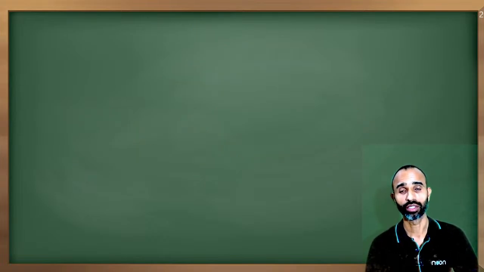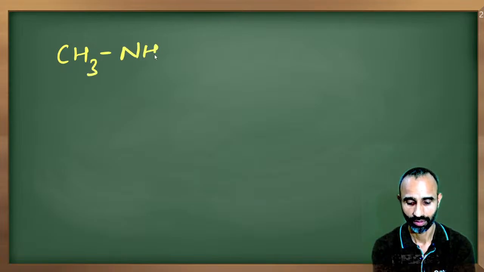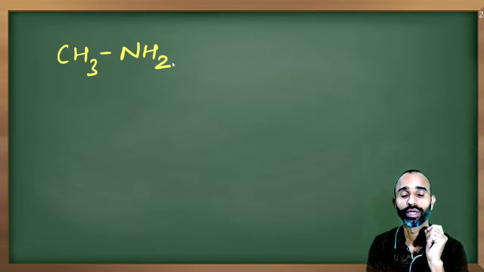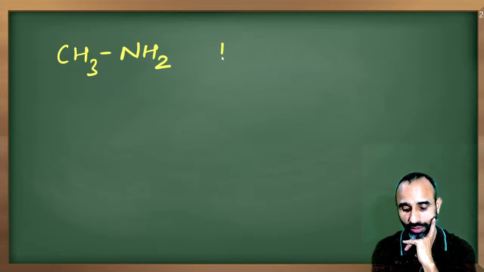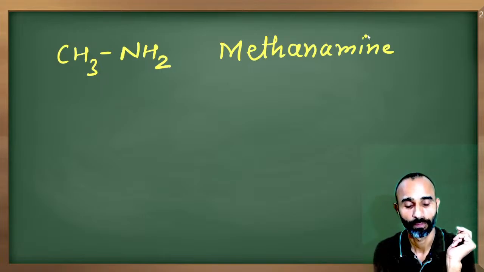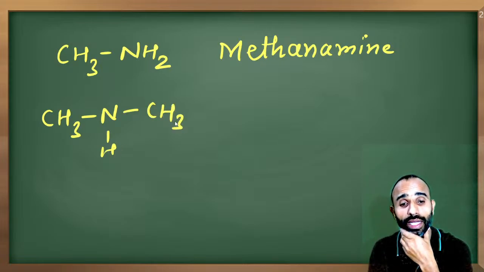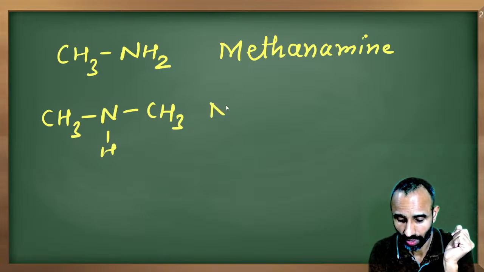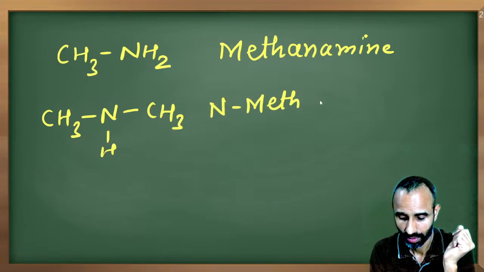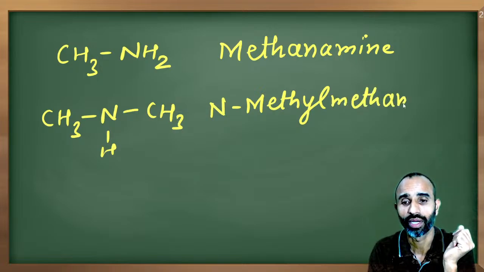So if we see their nomenclature, let us say we have this one. Its IUPAC name is methanamine. If we replace one more hydrogen by a methyl group, it is called N-methylmethanamine.